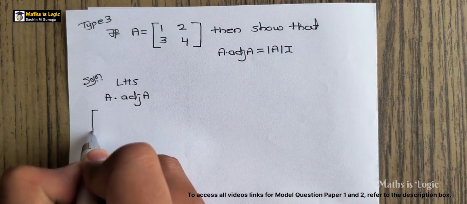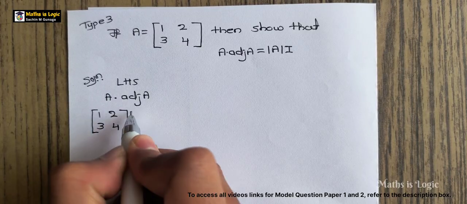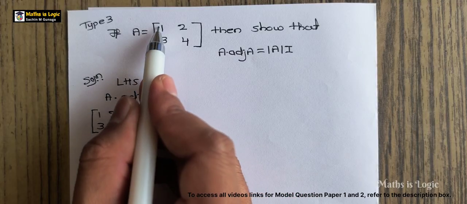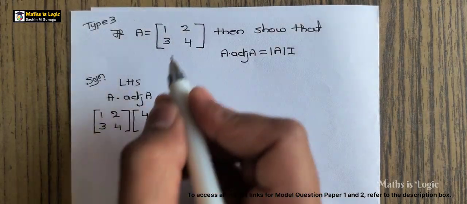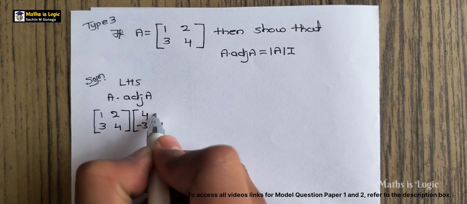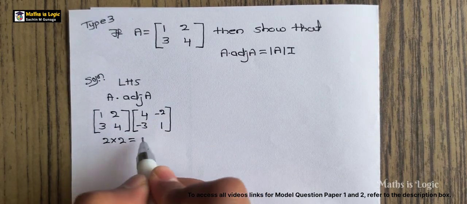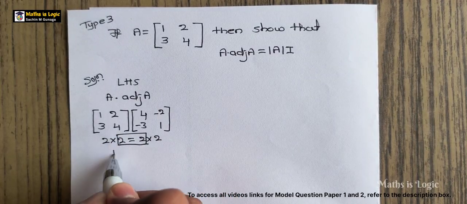So write 1, 2, 3, 4. Next into, take the adjoint of A. Adjoint means interchange the principal diagonal elements. The remaining elements change the sign. -3, -2. So 2 cross 2 is again 2 cross 2. So these two are equal. So possible.